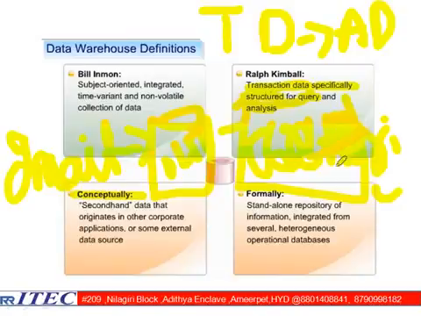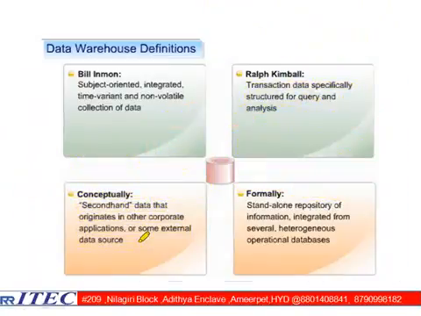Then it is going to the OLAP. That's what we are saying: second-hand data that originates in other corporate applications or some external data sources. So whatever data is available here, the data is coming from OLTP. That is the reason it is called second-hand data. First it is loading into the OLTP, and from this OLTP we are getting the data warehouse. That is the reason it is called second-hand data.